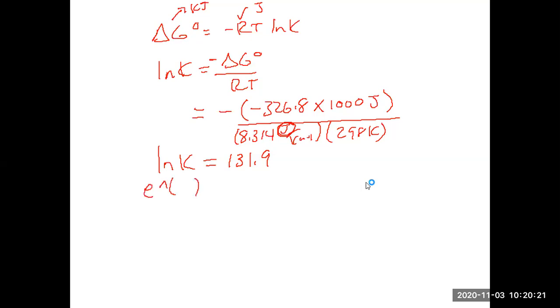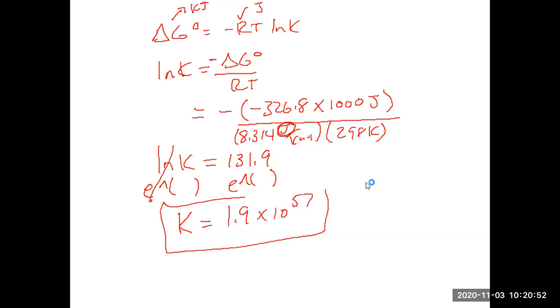When you do that on the one side, the e and natural log cancel and you're left with K. On the other side, you end up with about 1.9 times 10 to the 57 in terms of our equilibrium constant.